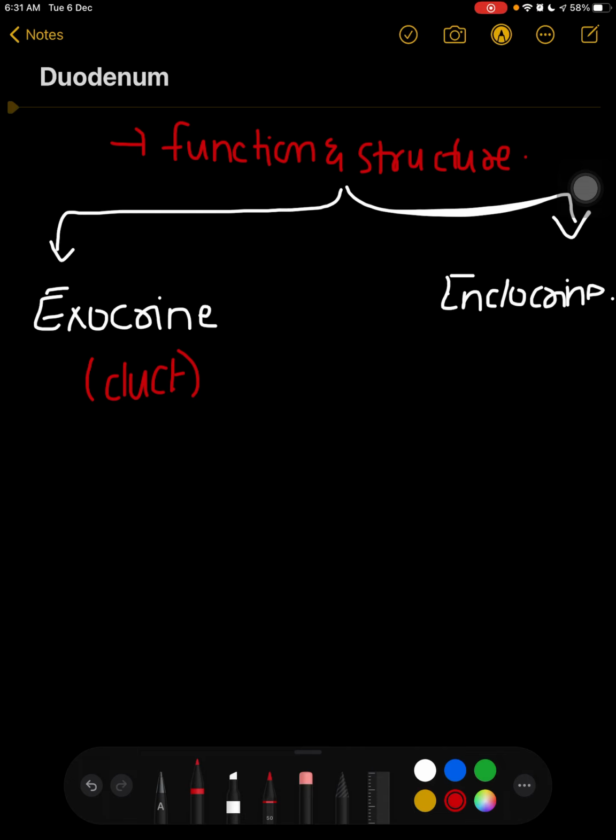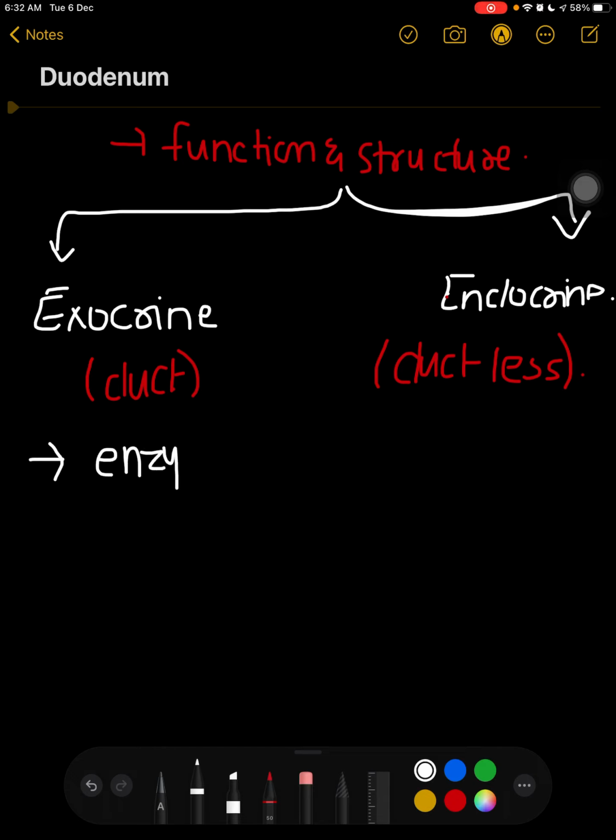But when I talk about endocrine glands, the secretions are transferred into the bloodstream, and by the help of the bloodstream they move from one place to another. These are ductless glands.